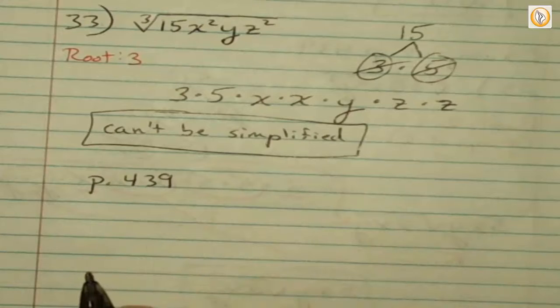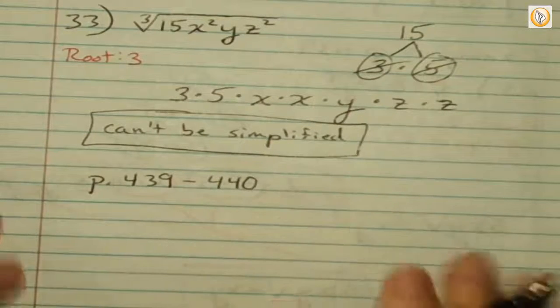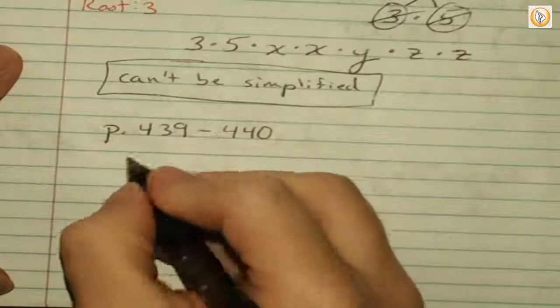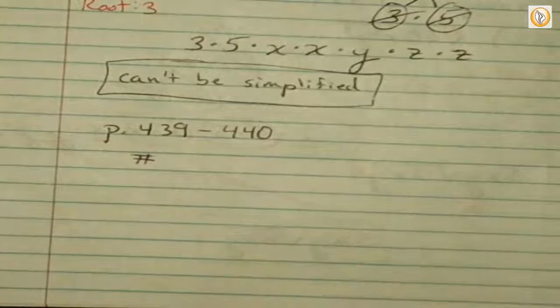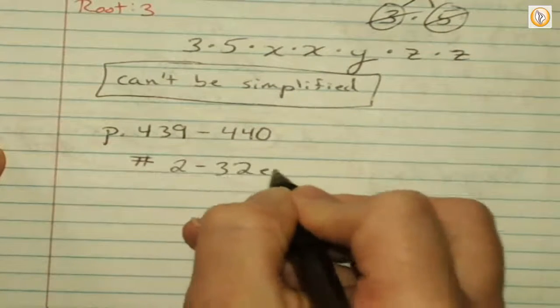All right, so y'all are going to be doing page 439. No, 440. Numbers 2 and 6, and then 18 to 26. 2 through 32 even.